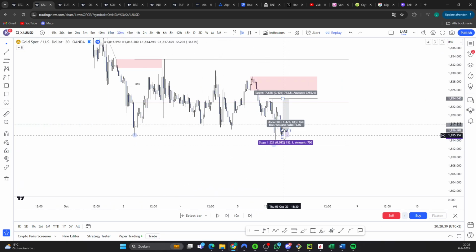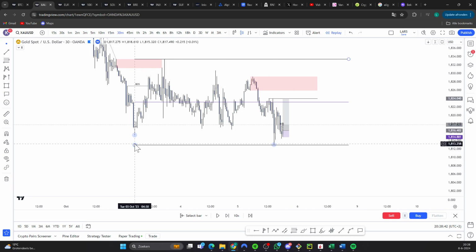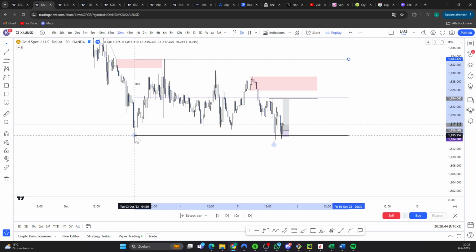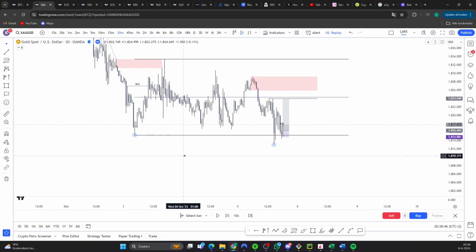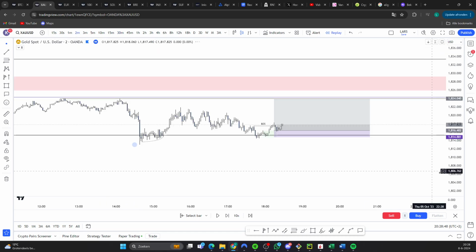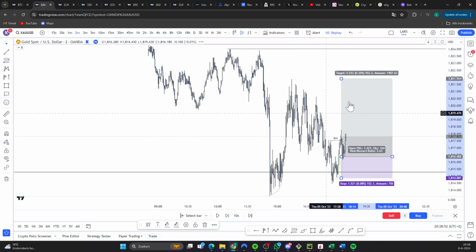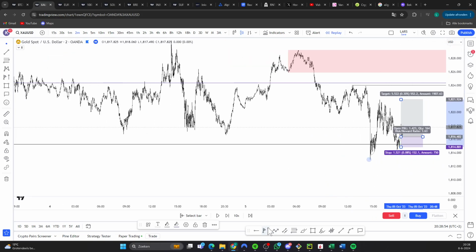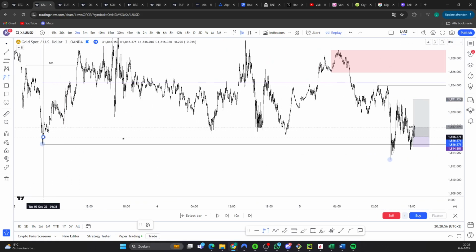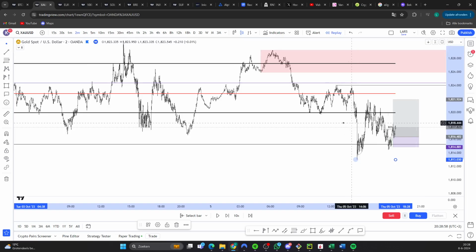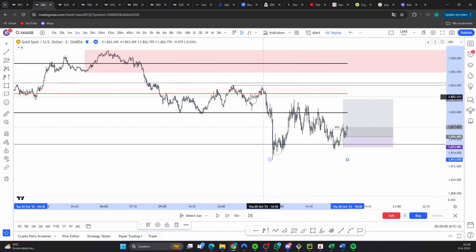Boom, boom, boom. I would give it a shot. I would give it a shot, at least up to there, and see what price does from there. Because this was around the POC.